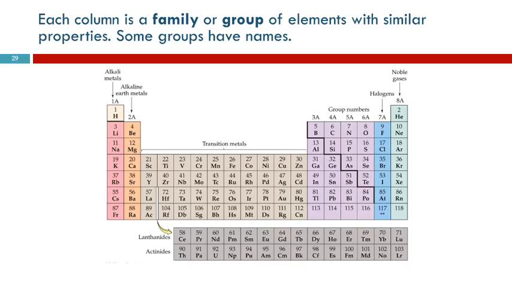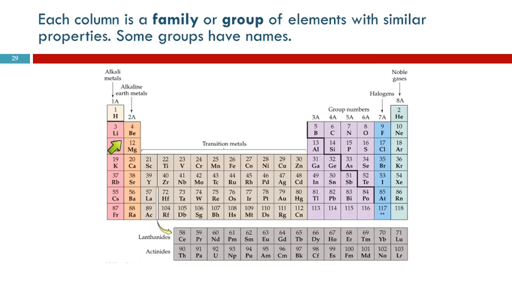If you look at the periodic table up here, it's got the good numbers. There's another set that just starts on the left and goes across 1, 2, 3, 4, 5, all the way to 18. I prefer these numbers with the letters, and those will always be present on a periodic table that you will have for an exam.